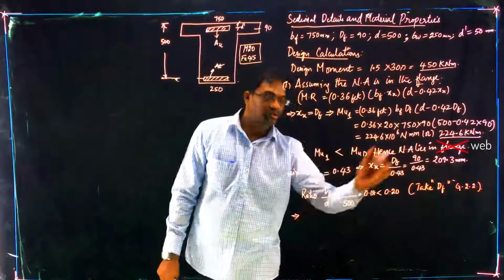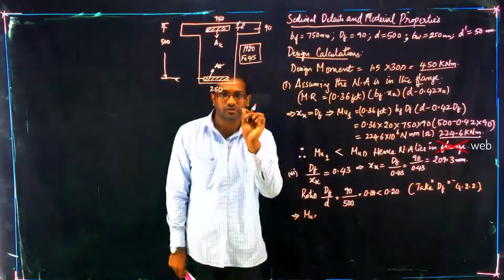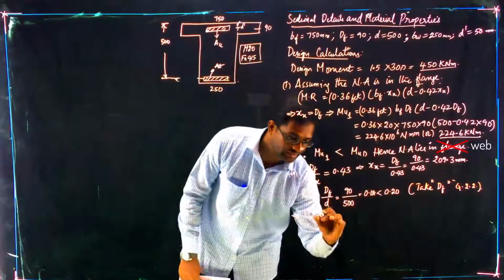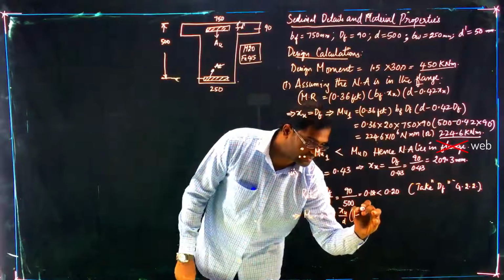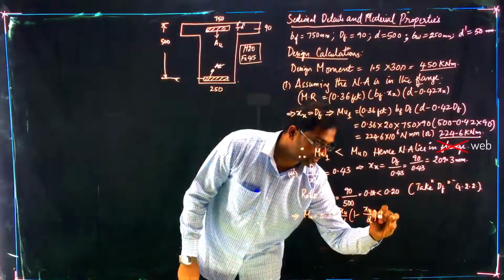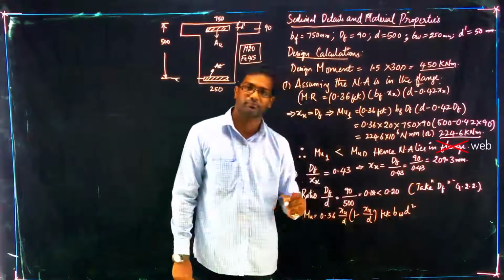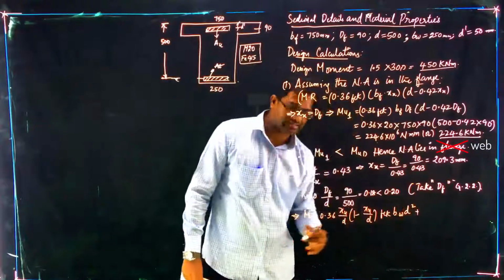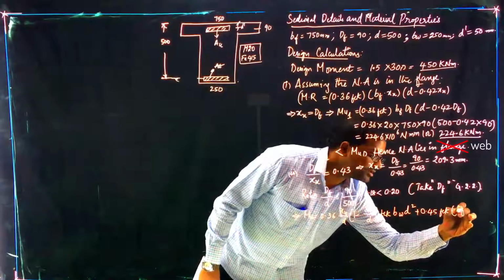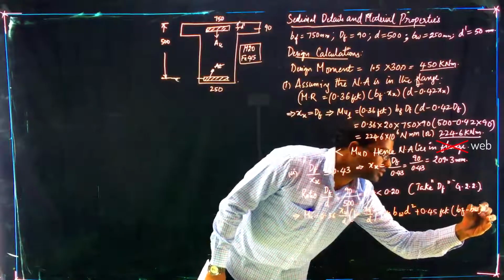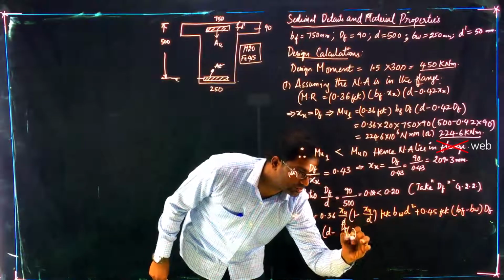So referring to clause G 2.2 and substituting xu in place of xu max, you will get 0.36 xu by d into 1 minus xu by d into fck bw d square, plus 0.45 fck into bf minus bw into df into d minus df by 2.